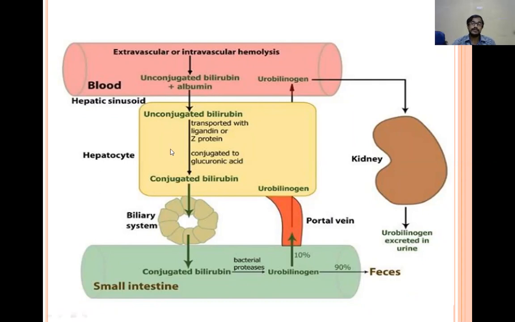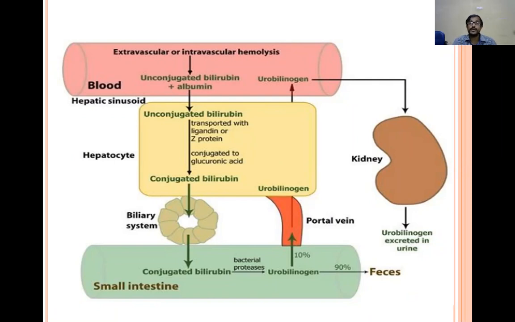So inside the liver, this unconjugated bilirubin gets conjugated by glucuronides. The enzyme required for this is glucuronide transferase. So the transferase enzyme is required for conjugation of bilirubin. By the conjugation with the glucuronides, this unconjugated bilirubin is converted to conjugated bilirubin.